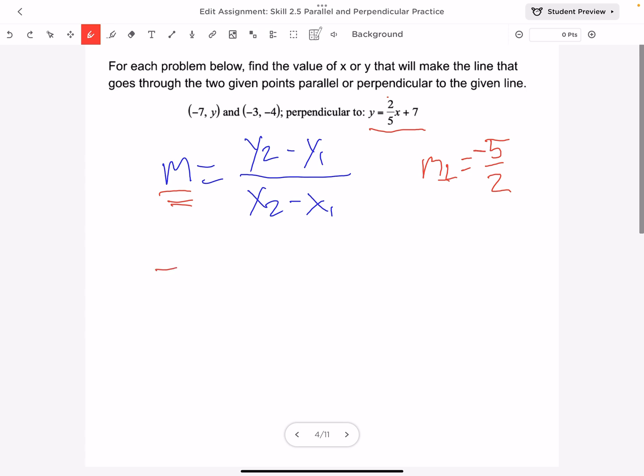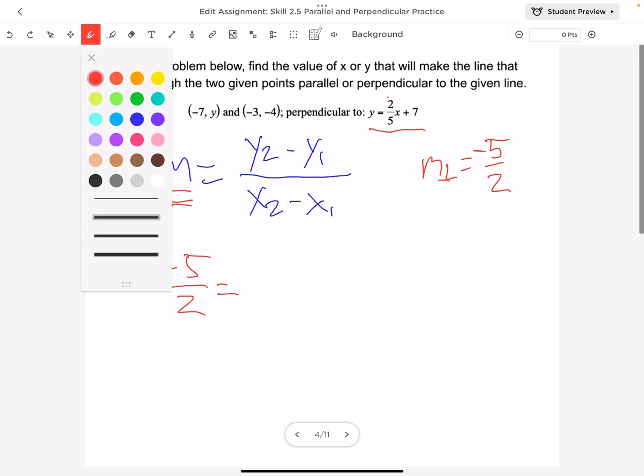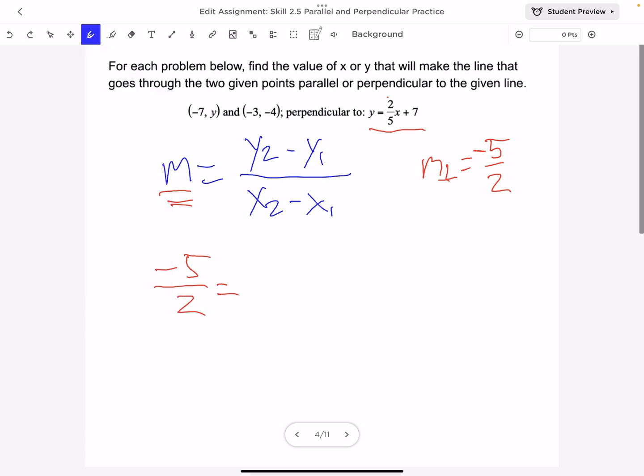So our slope is negative 5 over 2 is equal to, and now we just need to label our y's. So this is y2 and y1. So I could say negative 4 minus y over, and if I do it this way, this would be x2, x1.